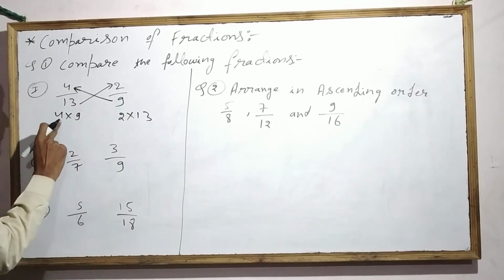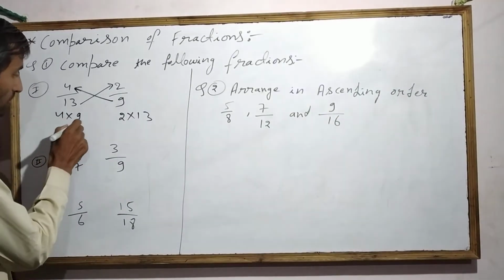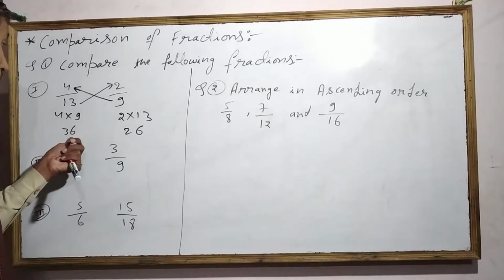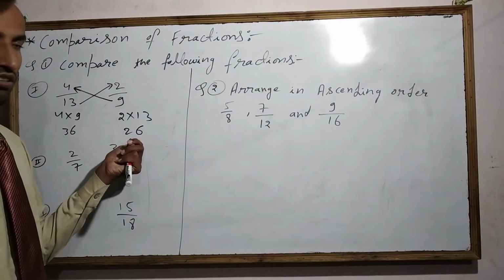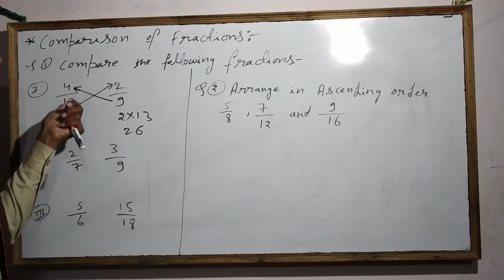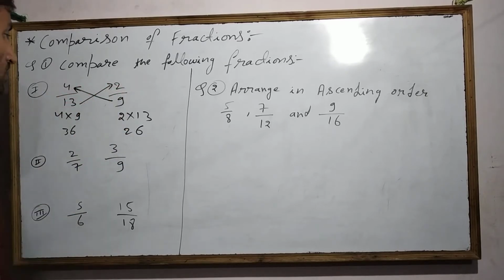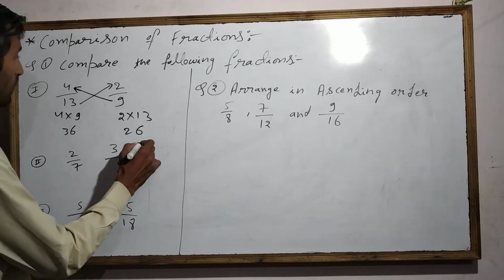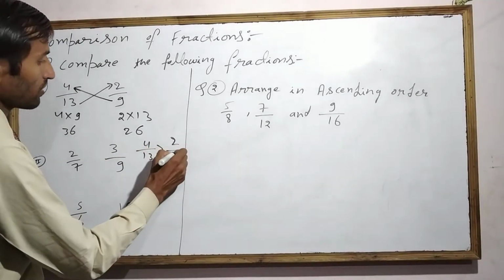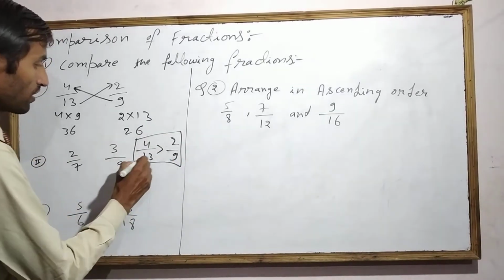Now 4 nines are 36 and 2 thirteens are 26. Just see here, 36 is greater than 26. From here you can identify that 4 upon 13 is greater than 2 upon 9. So finally we put here 4 upon 13 is greater than 2 upon 9. This is the final answer.